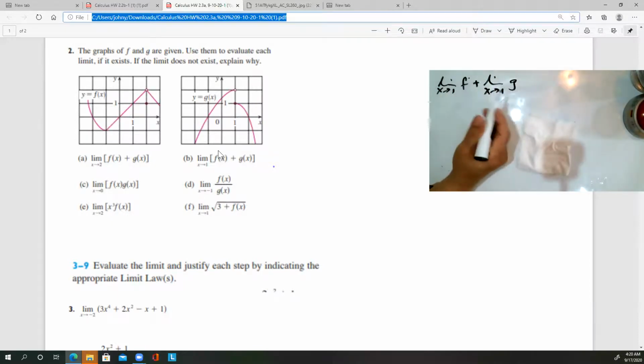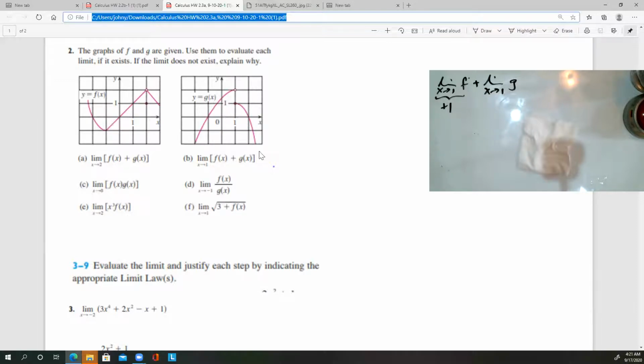I'm not going to write g of x or f of x. Well, as x approaches 1 of this function f, here's your f function. Here's 1 from both directions. From the left, it's approaching 1. From the right, it's approaching 1 as well on the output. So that's 1. What about g function?